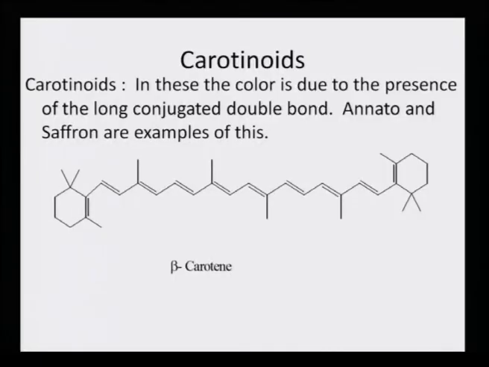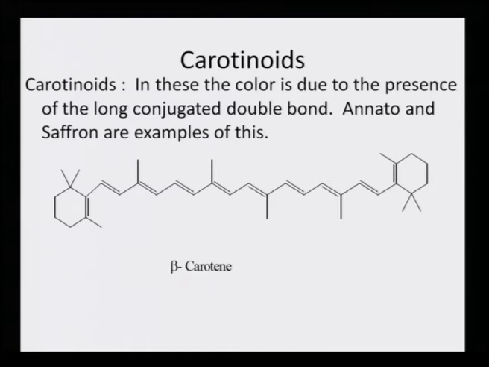Coming to carotenoids, in these the color is due to the presence of long conjugated double bonds, and annatto and saffron are the examples. Even annatto and saffron give orange color, and we know carotenoid, you have heard about carrots.